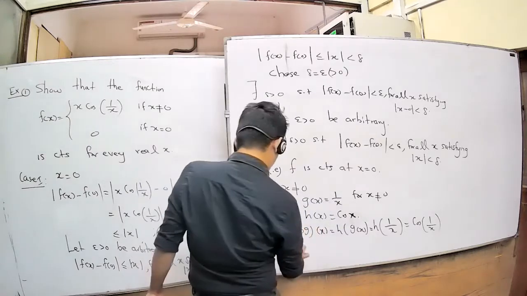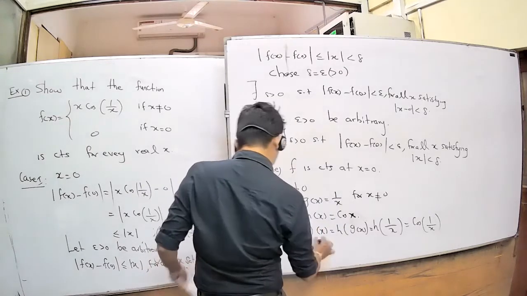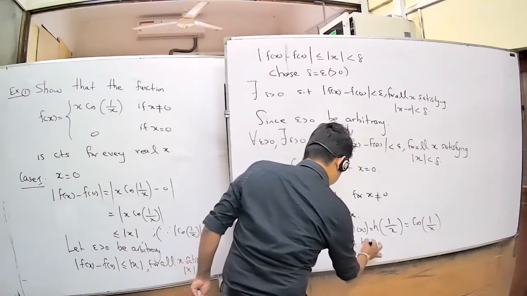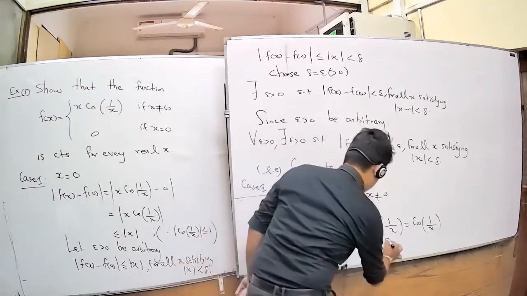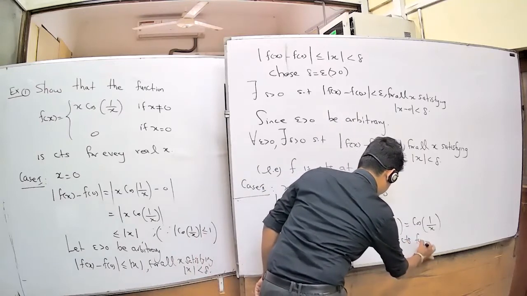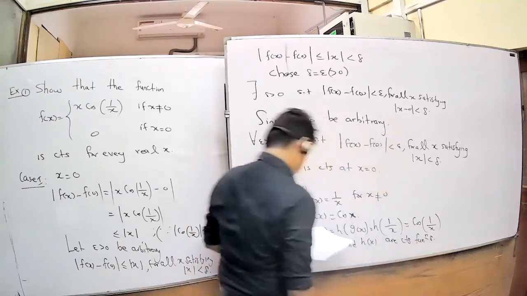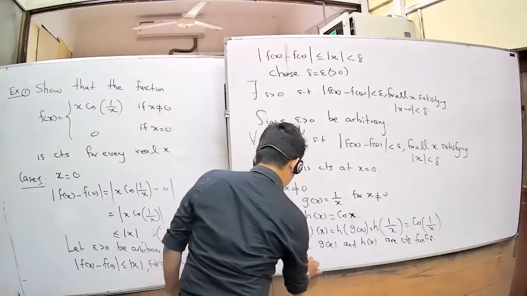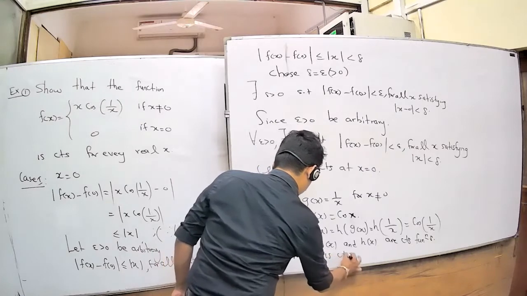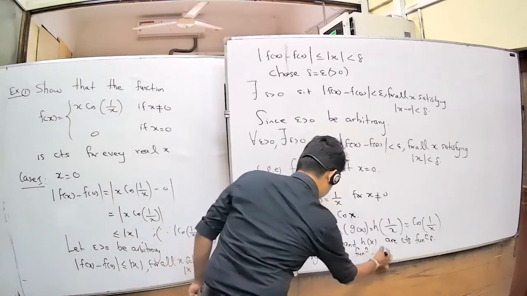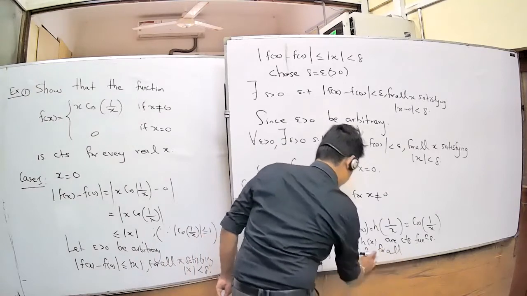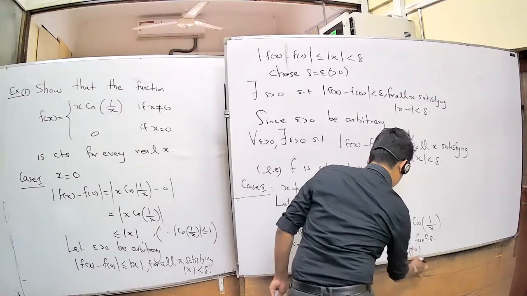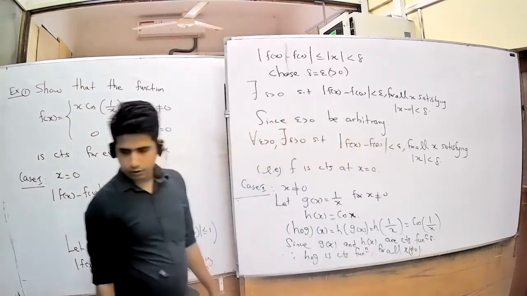Since g of x and h of x are continuous functions, h composition g is a continuous function for all x not equal to 0.